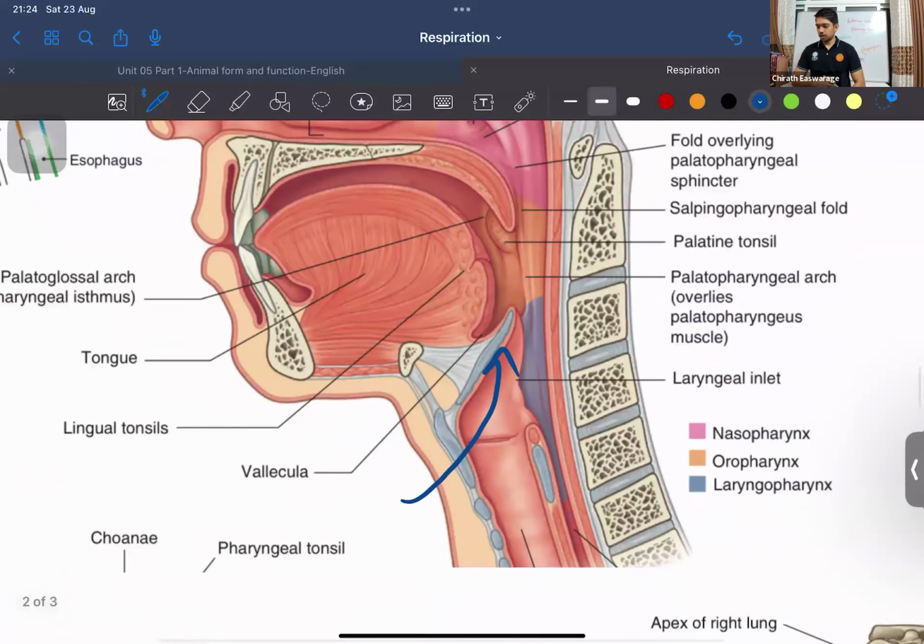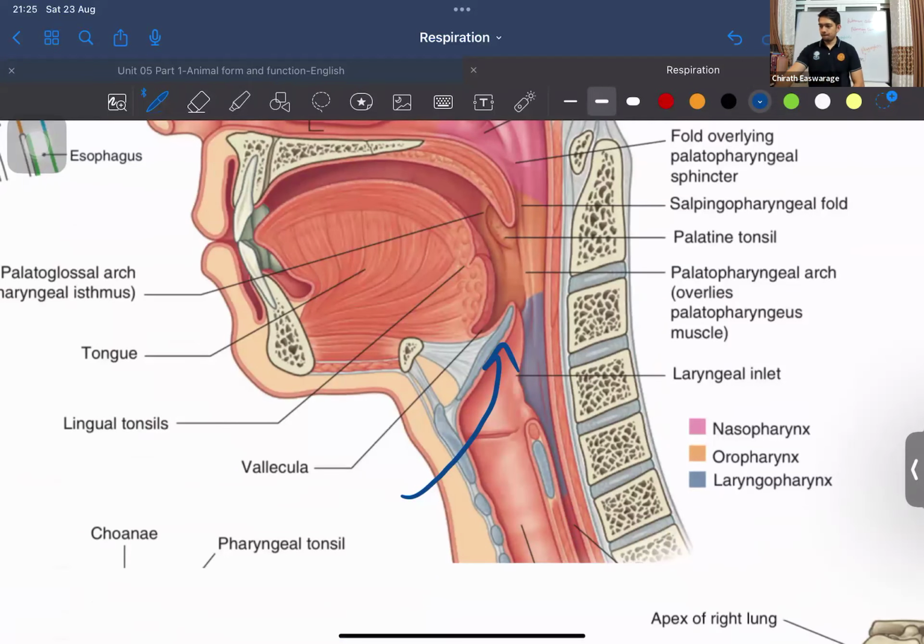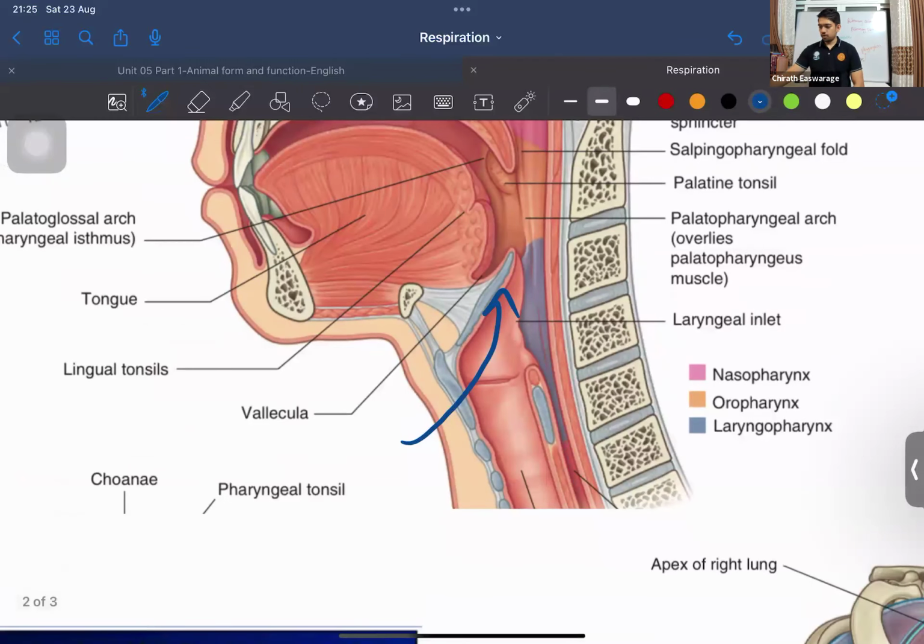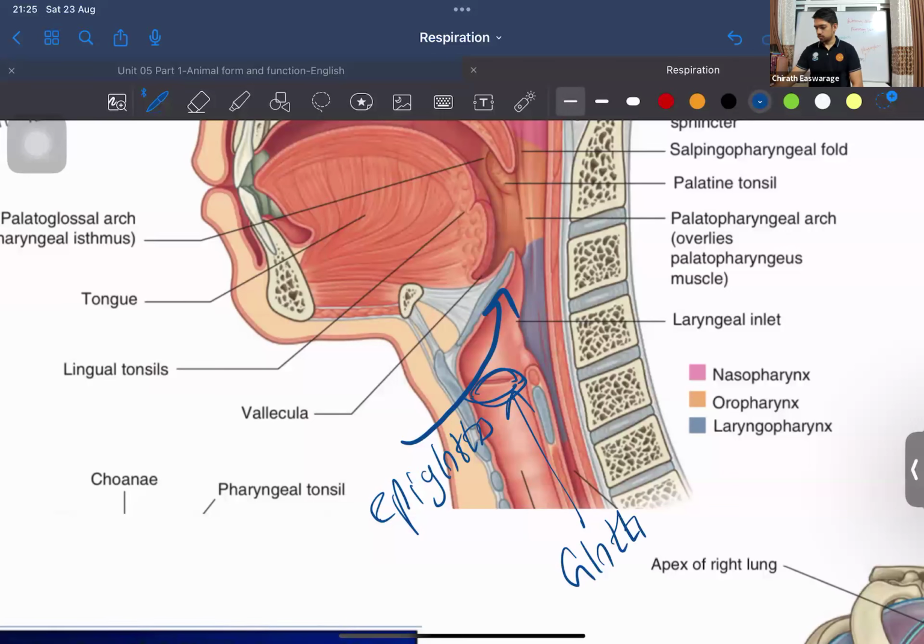What is the structure? I just drew the arrow. It's the epiglottis. This is the glottis. This leaf-like structure is the epiglottis.